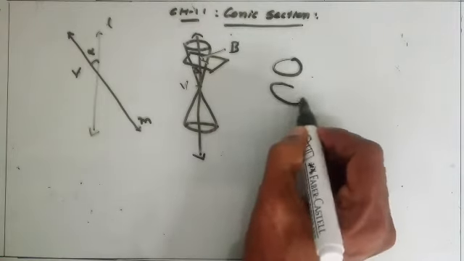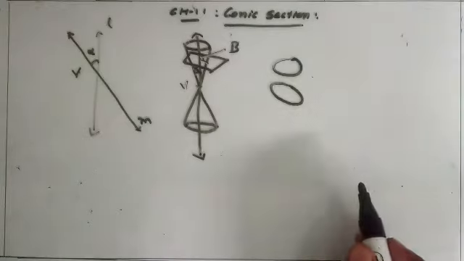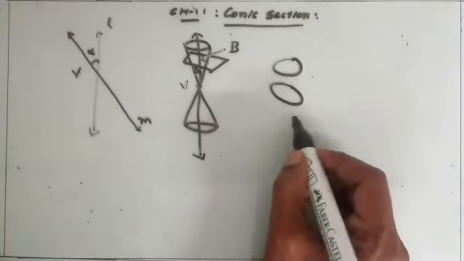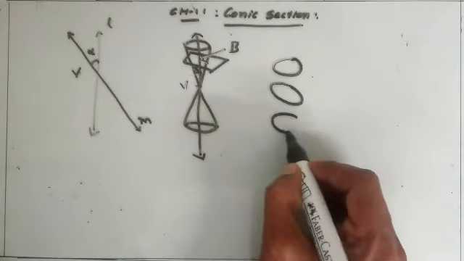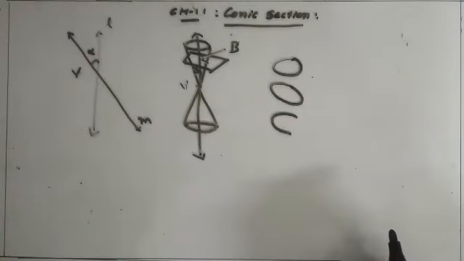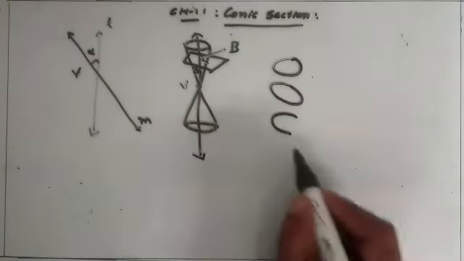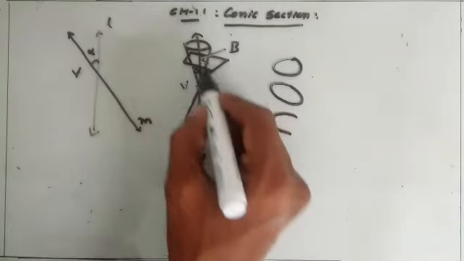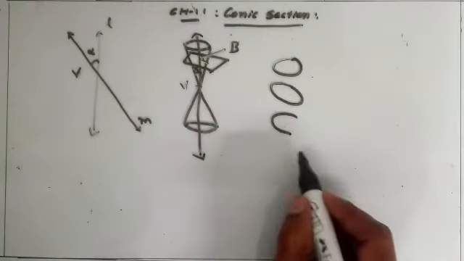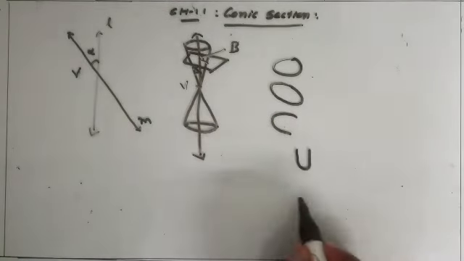This type of curve is said to be an ellipse. Sometimes we get this type of curve, this is said to be a parabola. Sometimes we get this type of hyperbola.